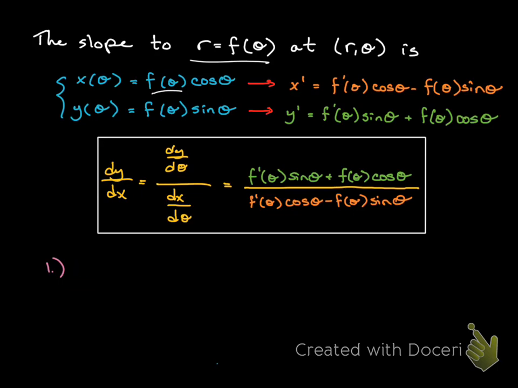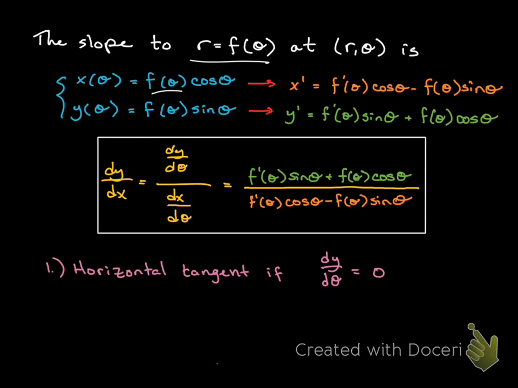Okay, so what this looks like is really pretty straightforward. But one of the main things that we'll look for are horizontal and vertical tangents, as before, right? Horizontal tangents we get if the derivative of y with respect to theta is 0. And that makes some sense because dy dx equals 0 when the numerator dy d theta is 0, right?